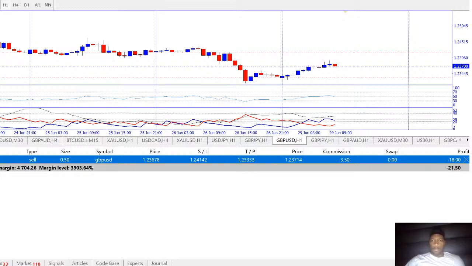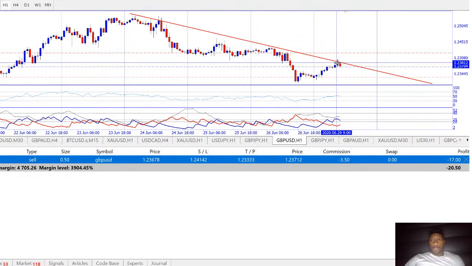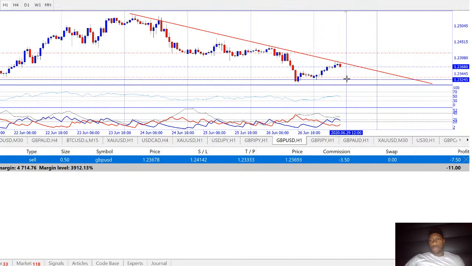Hold on one second. You could use different reasons. For example, you could use trend lines like this, and as you can see, it's respecting this trend line for a downtrend. So if you're using trend line, you could be like, okay, it rejected off here, and it's probably gonna come back down to a new support area.